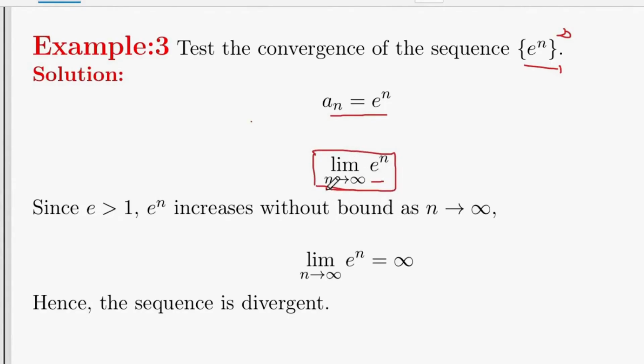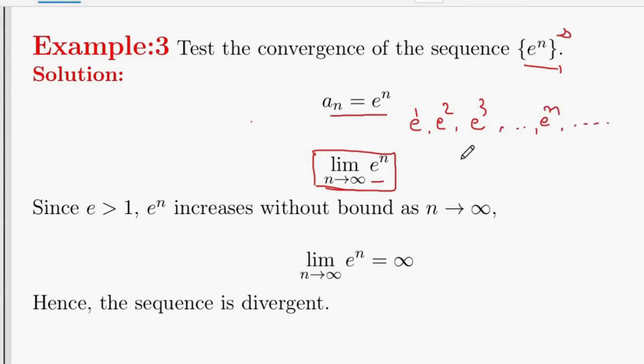Now let's check whether this limit is finite or infinite. So how to check? Here limit n tends to infinity of e^n. When we put n from 1 to infinity, we get e raised to 1, e raised to 2, e raised to 3, e raised to n, and an infinite number of terms.